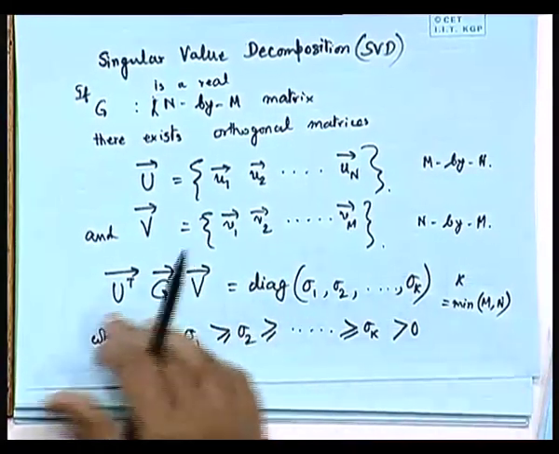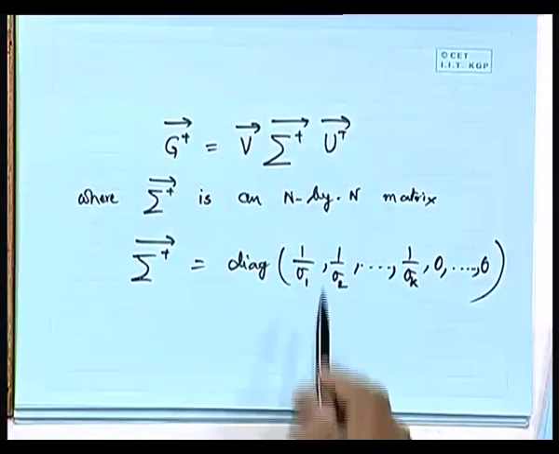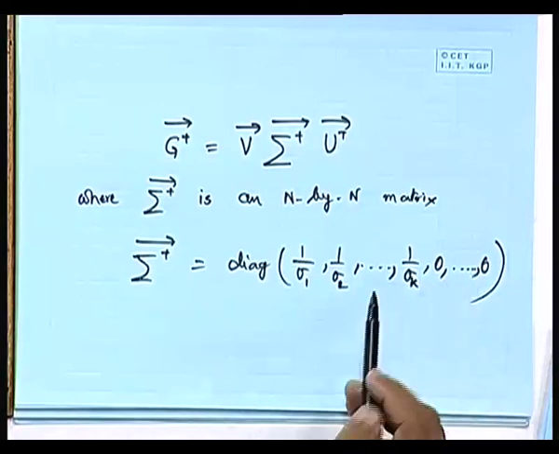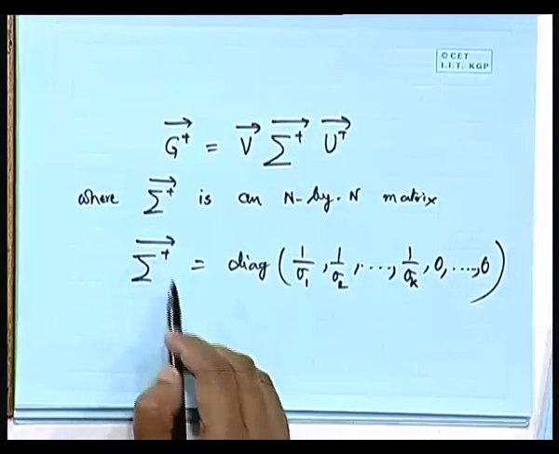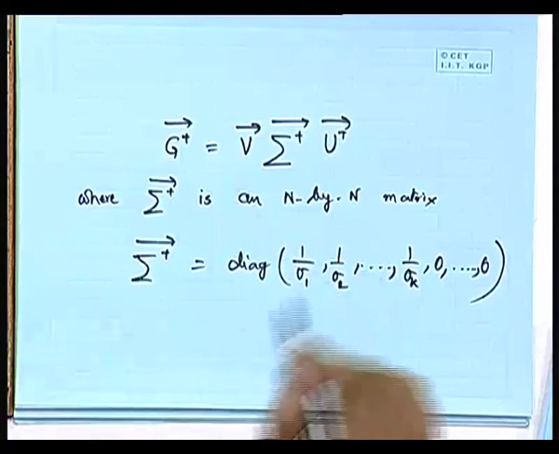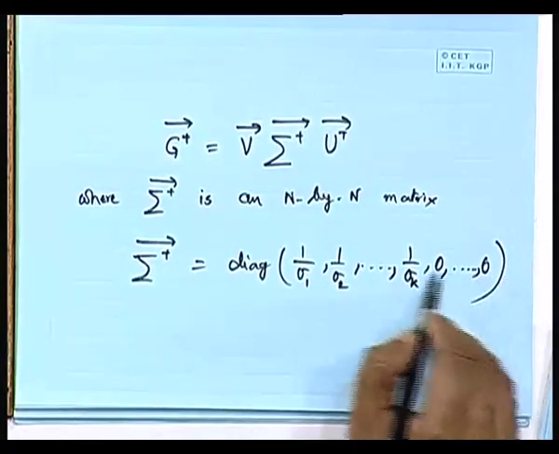Since through the singular value decomposition we have obtained sigma 1 to sigma k, we can now form a diagonal matrix with the elements 1 upon sigma 1, 1 upon sigma 2 up to 1 upon sigma k. Here k is the minimum of n and m, whereas we have to go up to n, so if it is m, we fill up the rest of the elements with zeros.